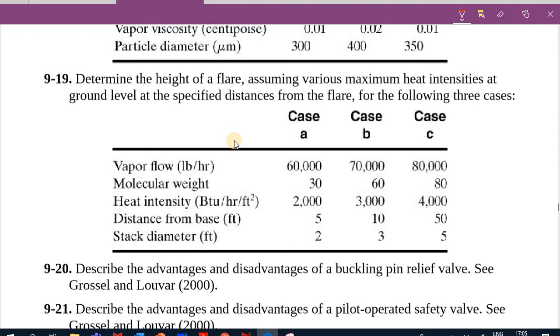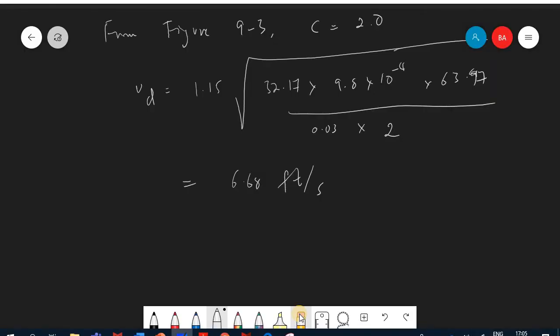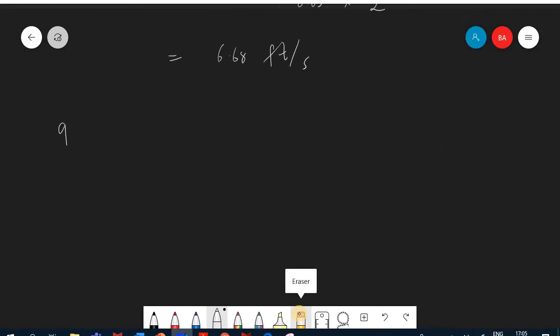Now, for 9.19, we already have all the details that we need.